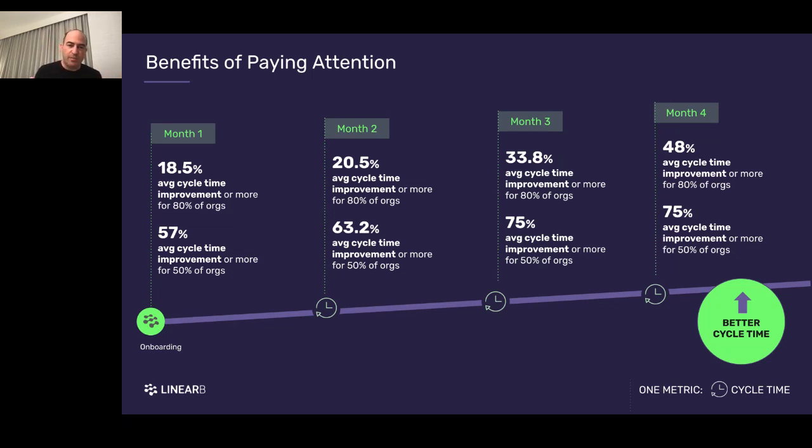You see the teams are able to slice down cycle time by 40, 50, 60, and even 75%. This means like a 4x improvement in cycle time across most of our customers. And this just by looking at something and taking some deliberate actions to reduce that.